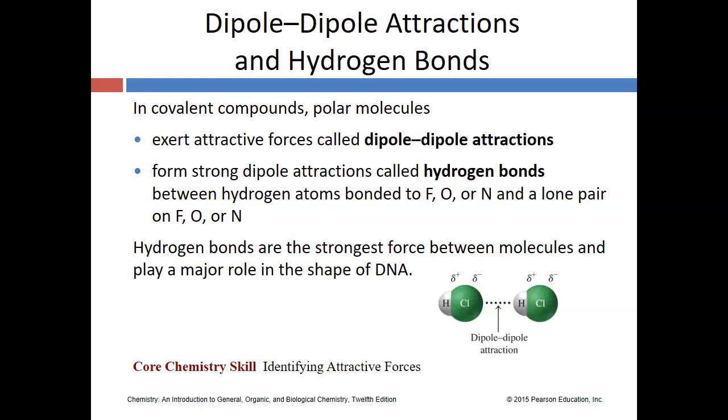And so what this gets us into then is, if I have compounds that are covalent and they are polar molecules, meaning that the molecule itself, not just the bond, has one of these dipoles, a positive side and a negative side, those dipoles will attract each other in a similar way to how ionic compounds attract each other.